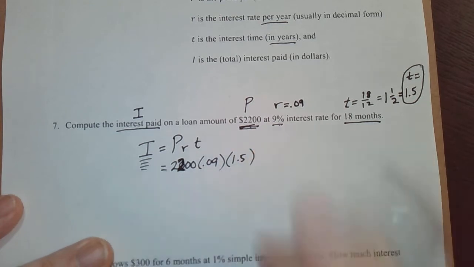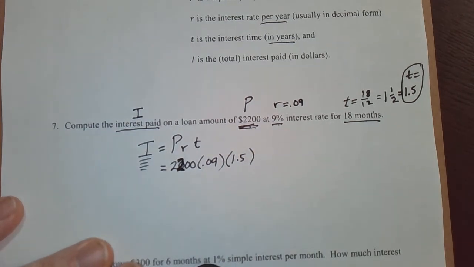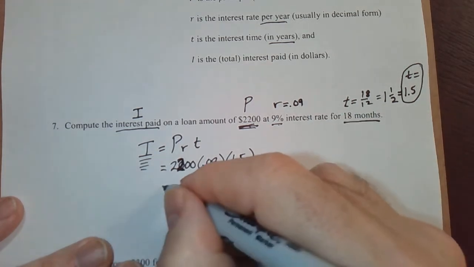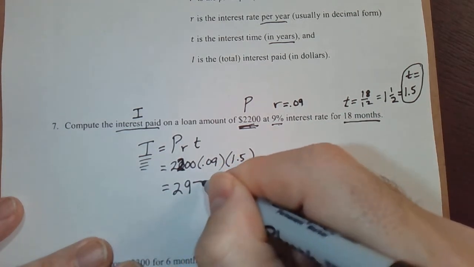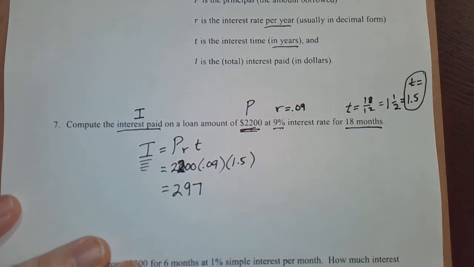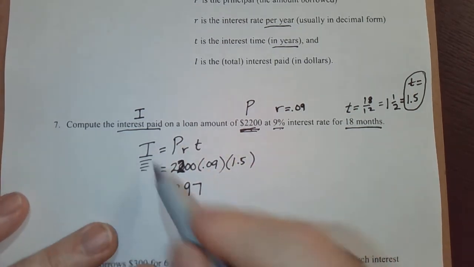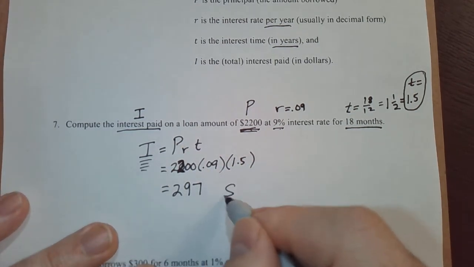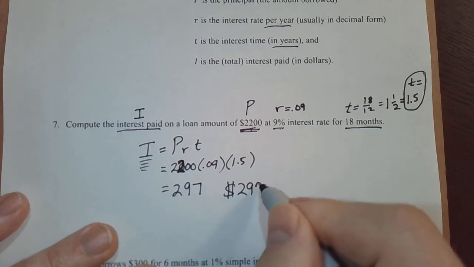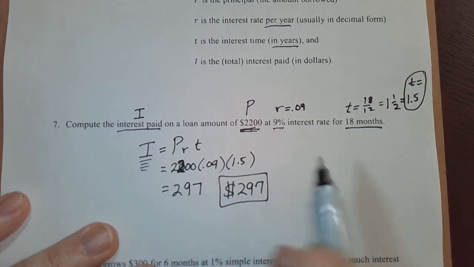So it's $2,200 times 0.09 times 1.5, and that gives us 297, which, since we're asking for interest, it's dollars, so the answer would be $297 in interest.